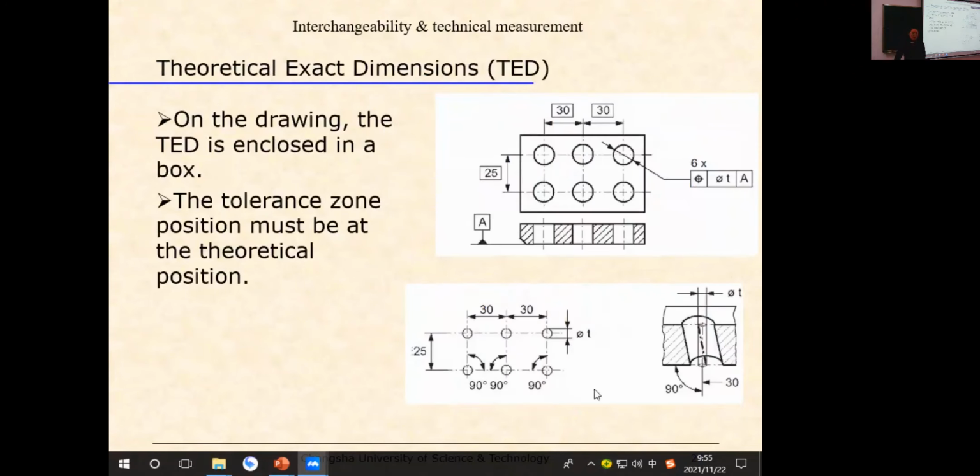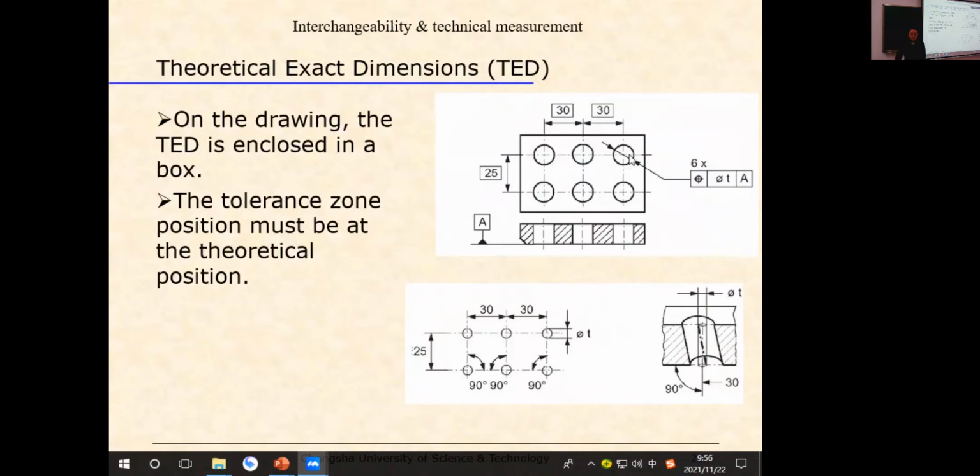So, back to the class, okay? Another one on the drawing is the TED. TED is the theoretical exact dimensions, because when we describe the position tolerance, the basis is the theoretical exact dimensions. So it's enclosed in a box like this one. This is its position.